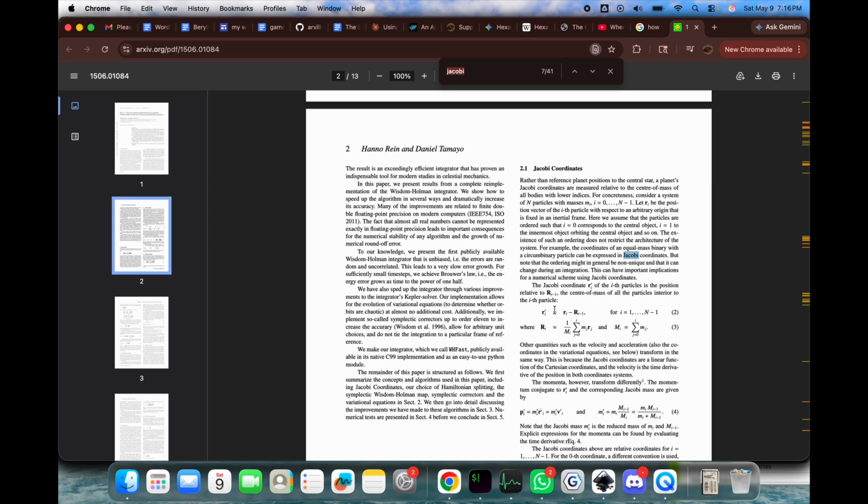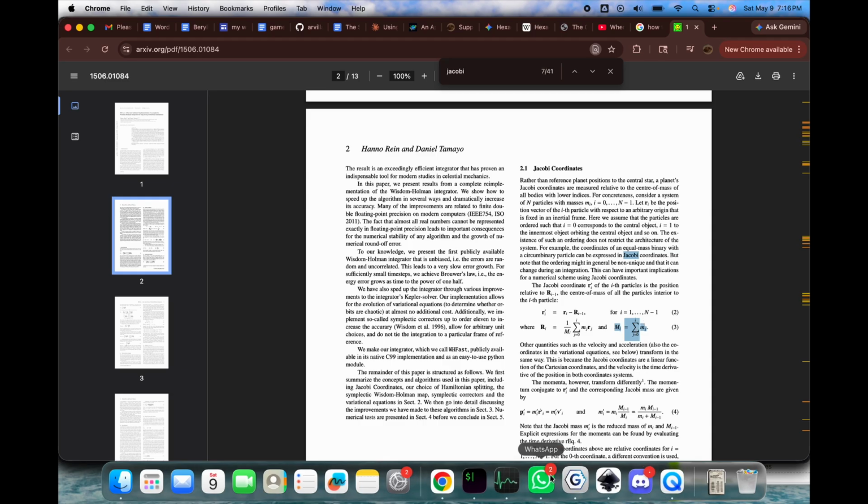So the Jacobi coordinate r_i of the ith particle is the position relative to the center of mass of all the particles interior to the ith particle. R_i equals R_{i-1}, where R_i is the center of mass of the previous, and M_i is the sum of the previous. That's what I'm getting. Previous and current.